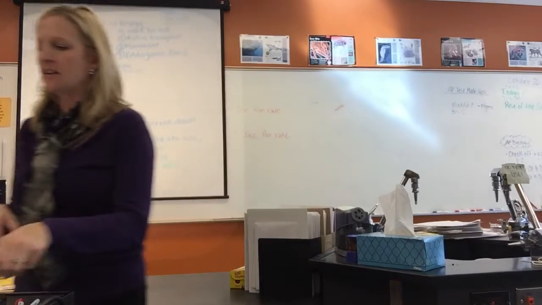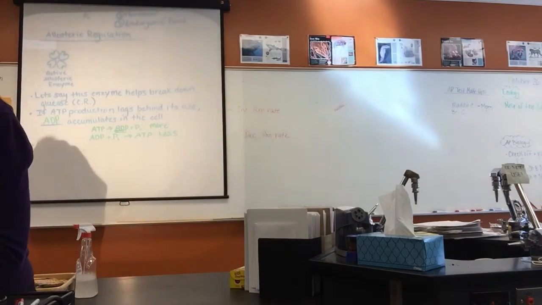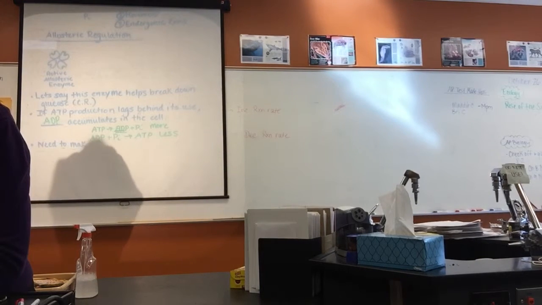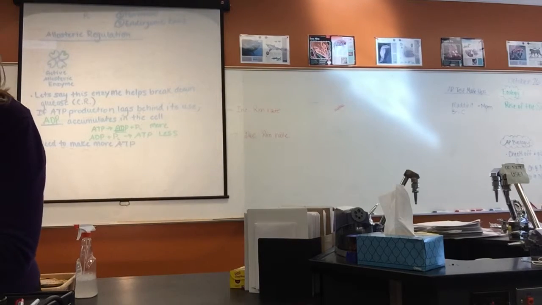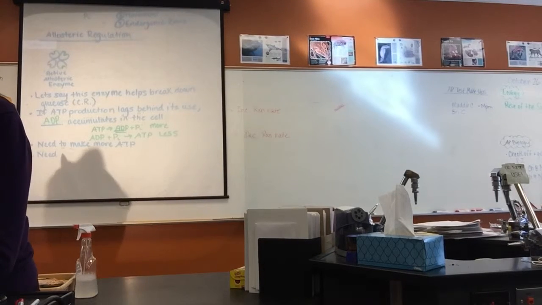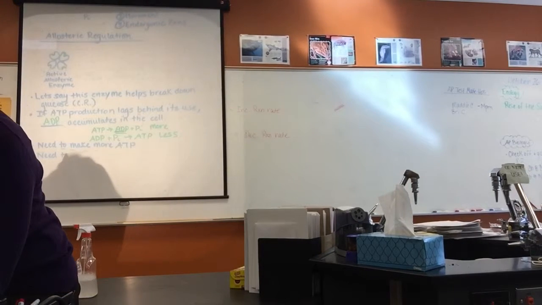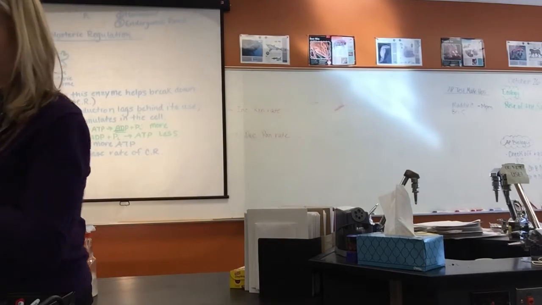Increase it, right? So when this is happening, we need to make more ATP, which means then we need to increase the cellular respiration rate. I'm just going to put CR for cellular respiration.